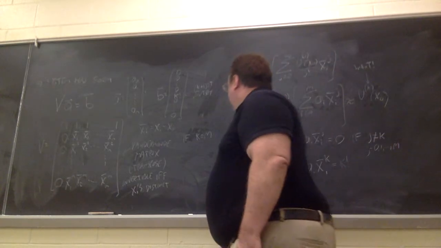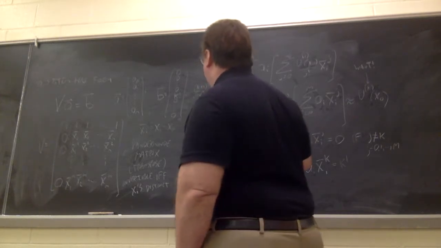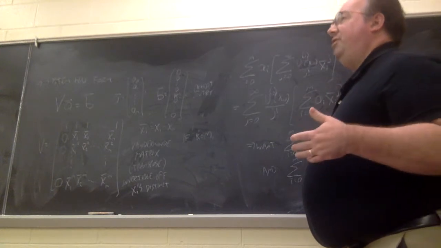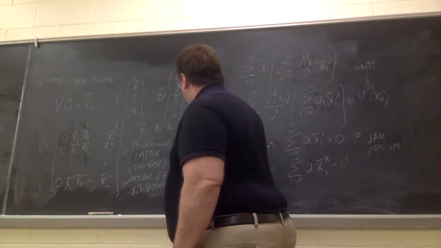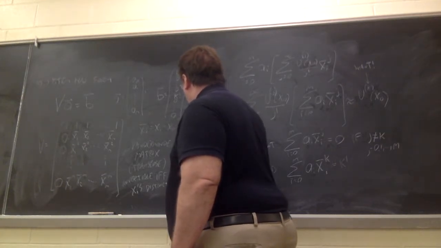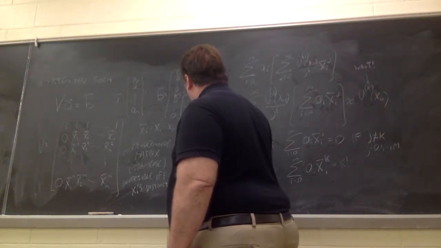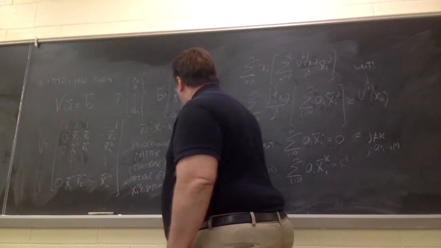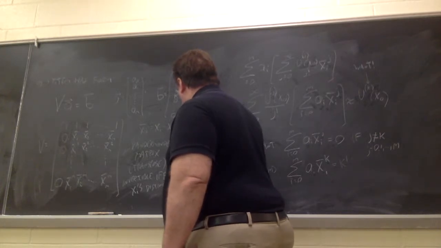In other words, the number of points, like if you use a minimum number of points needed to approximate that derivative, the error is generally order of h if you make all the points equally spaced.